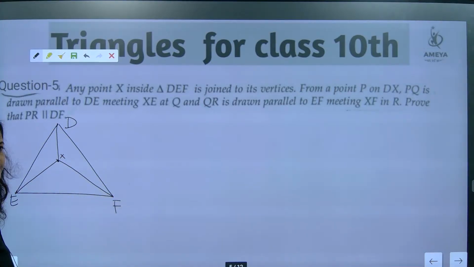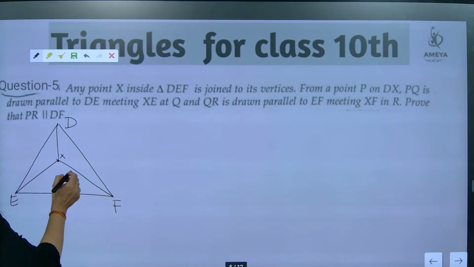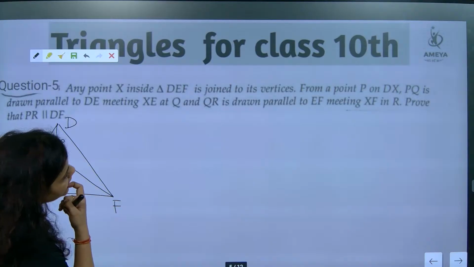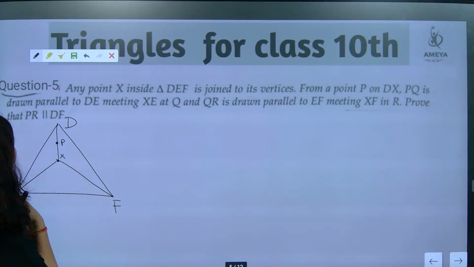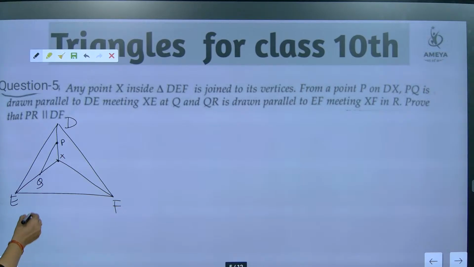Work over. After that, what they are telling? From a point P on DX, PQ is drawn parallel to DE. PQ is drawn parallel to, that means it will touch XE, done.